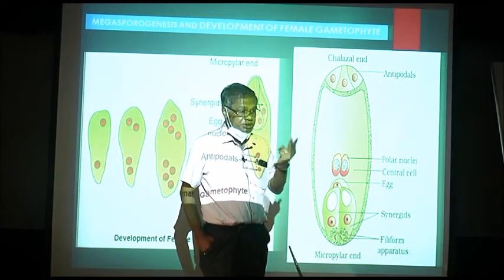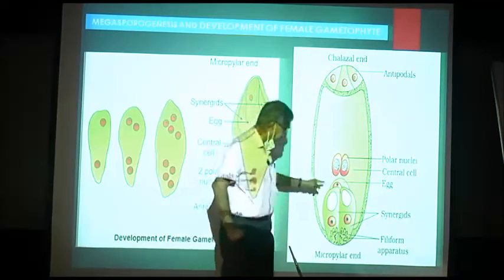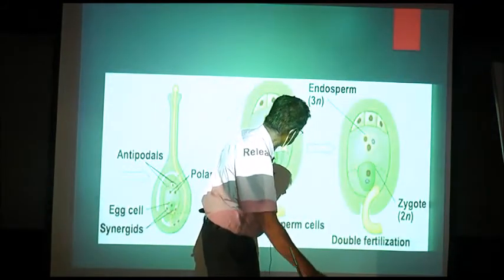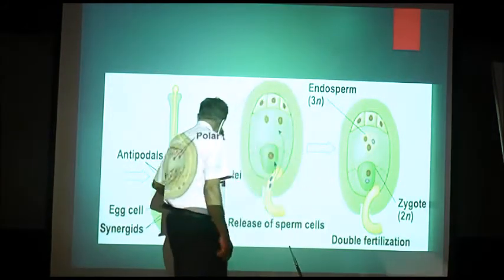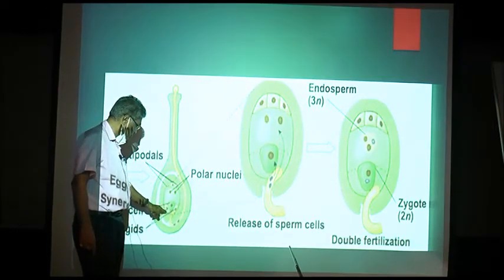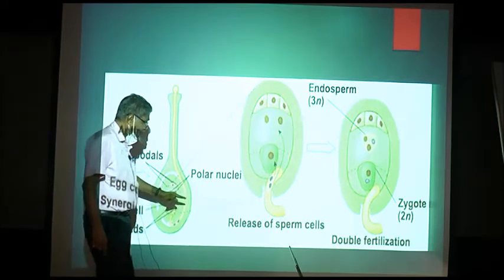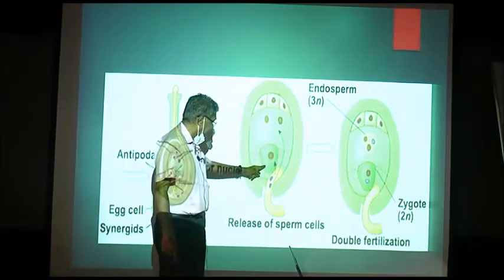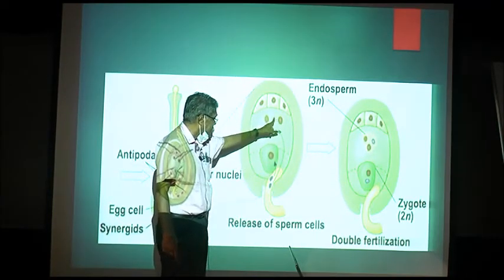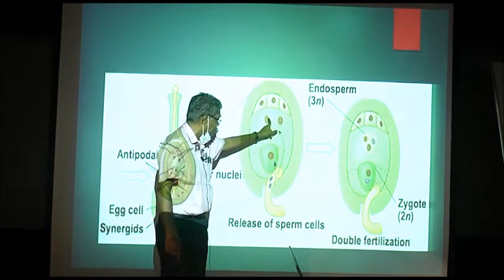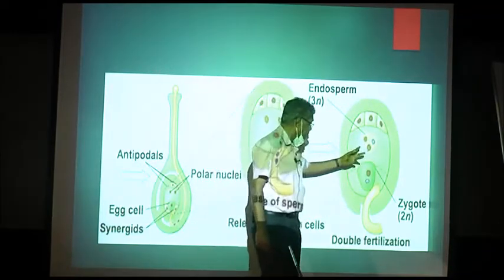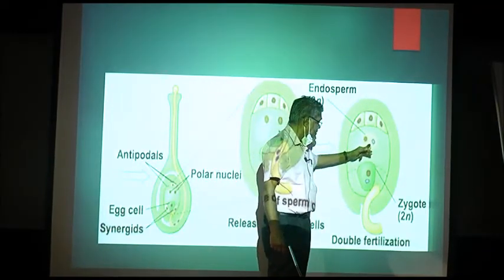One is tube nucleus, 2 are male nuclei, and one of the male nuclei through the pollen tube reaches the egg apparatus, and one of it fuses with the egg to form zygote, and the other fuses with the 2 polar nuclei which we have discussed in female gametophyte or embryo sac, and forms 3 nuclei.